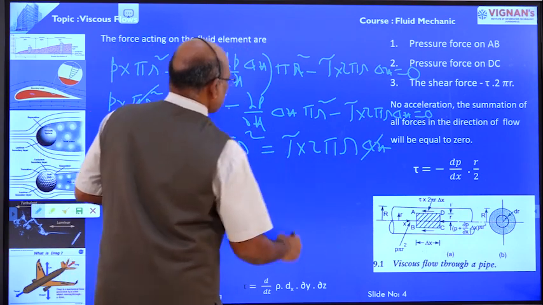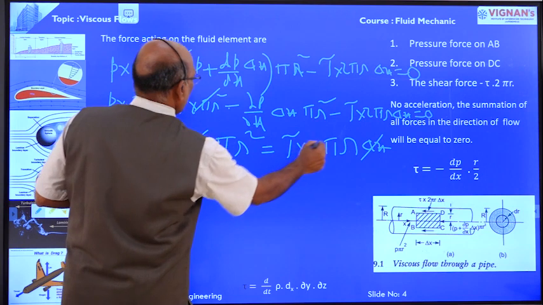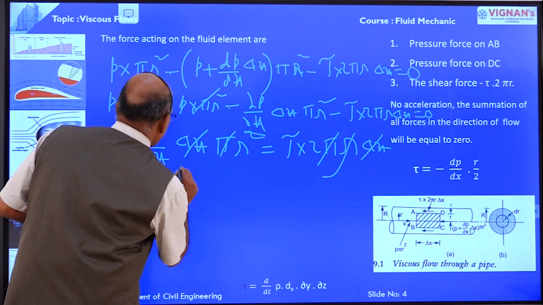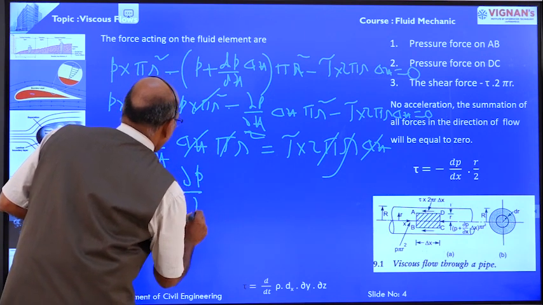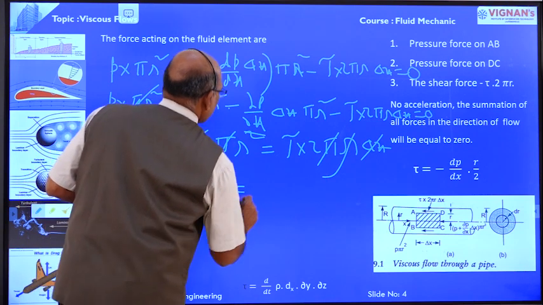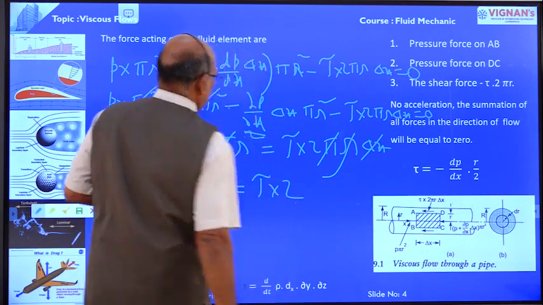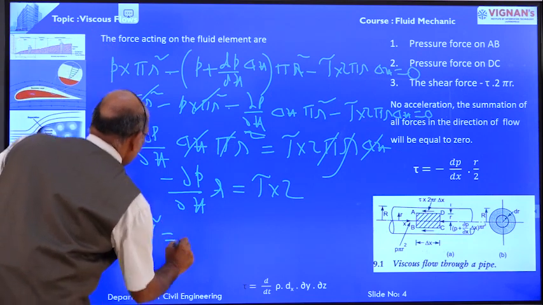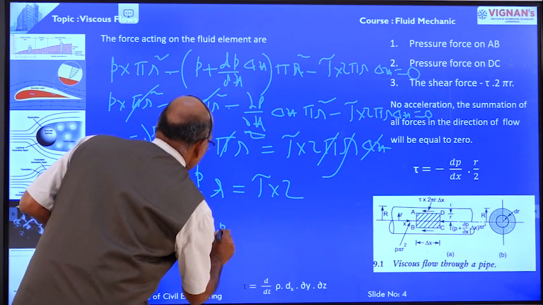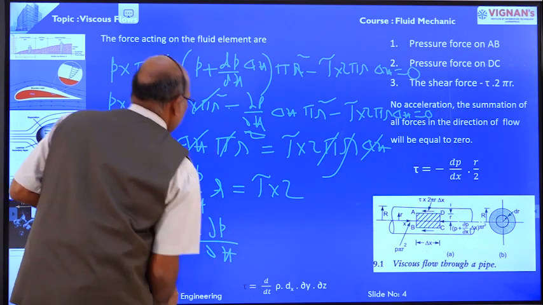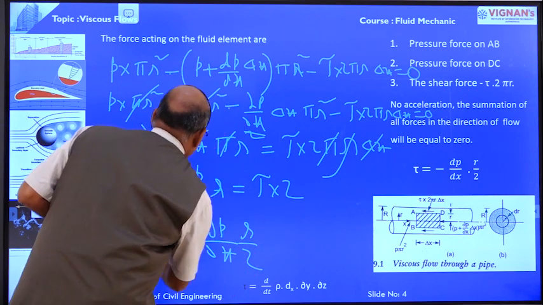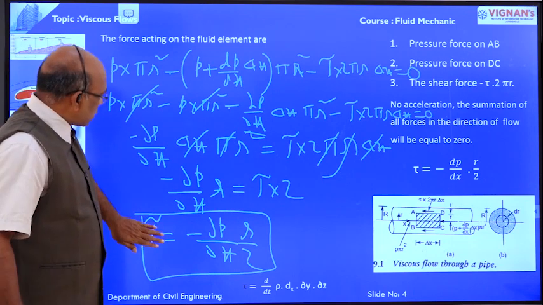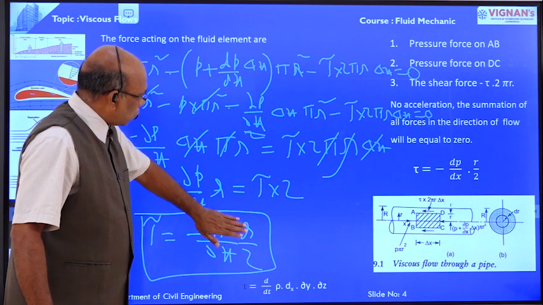Delta x cancels, pi cancels, r square cancels, minus dou p by dou x into r is equal to shear stress into 2. Therefore, shear stress is equal to minus dou p by dou x into r by 2. This is the equation for the shear stress.